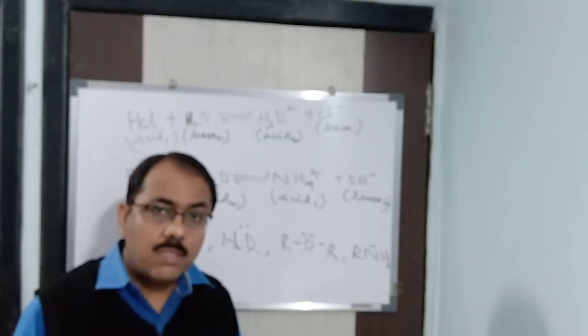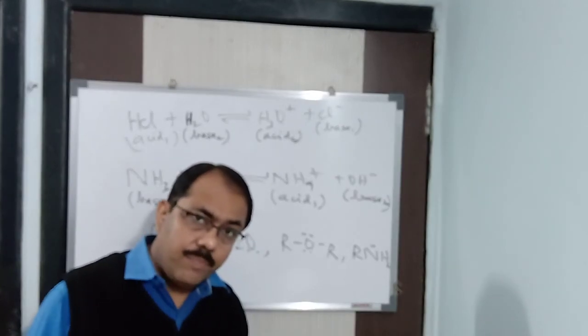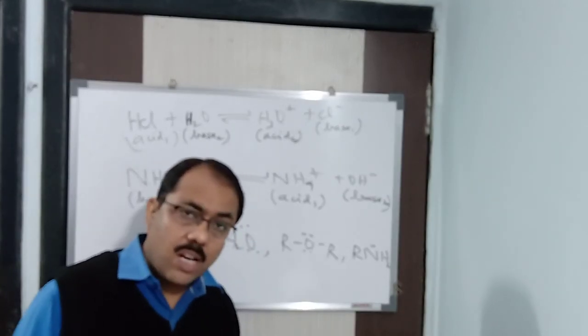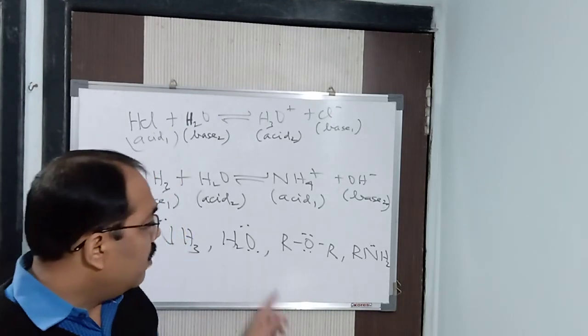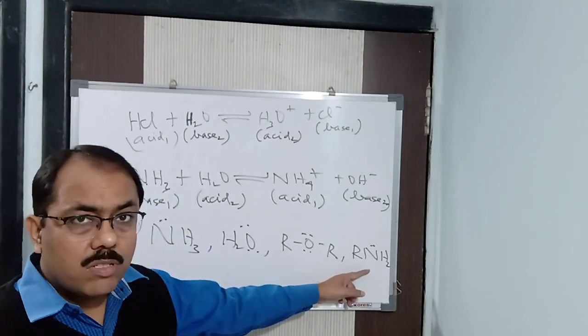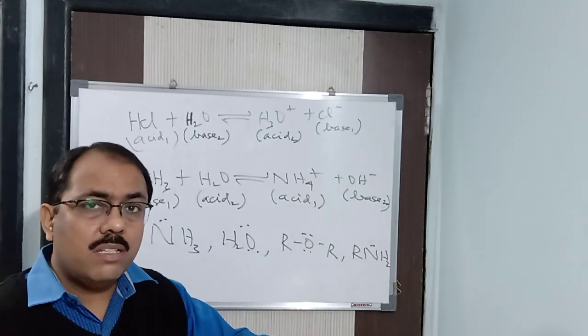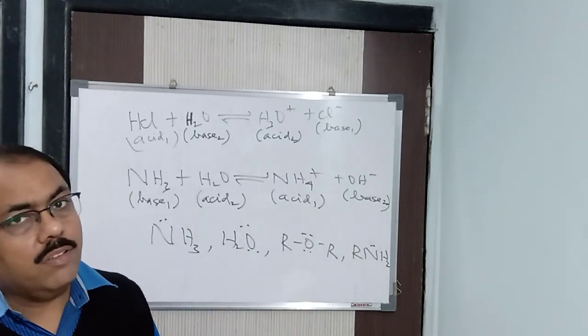So neutral substances which have a deficiency, and positively charged species, are known as Lewis acids. And neutral substances which have lone pairs of electrons, and negatively charged species, are known as Lewis bases.